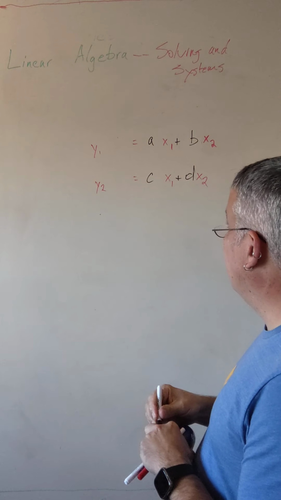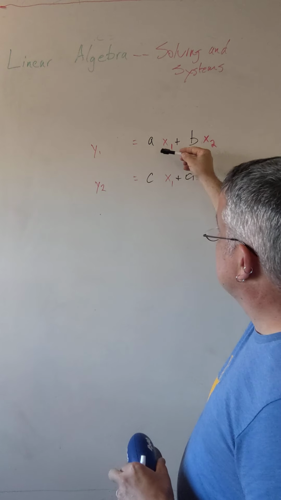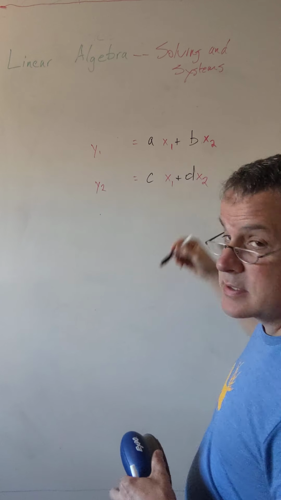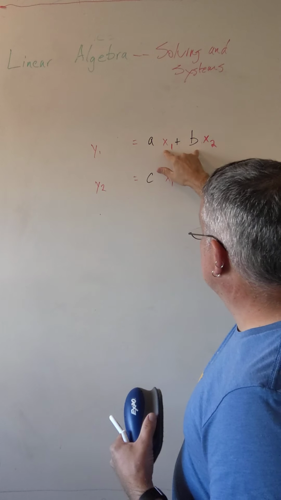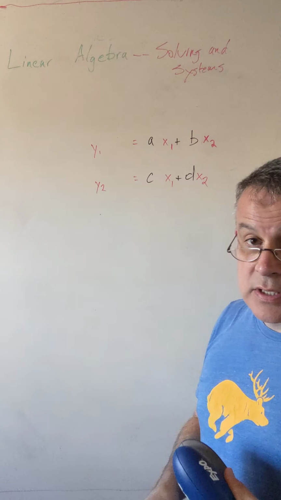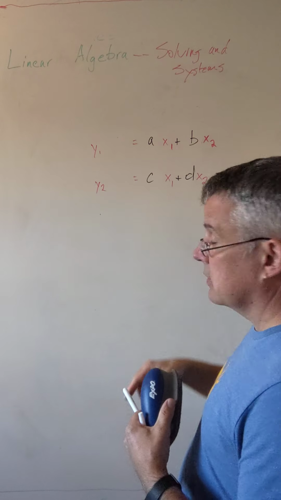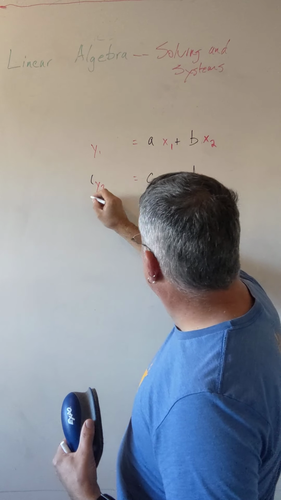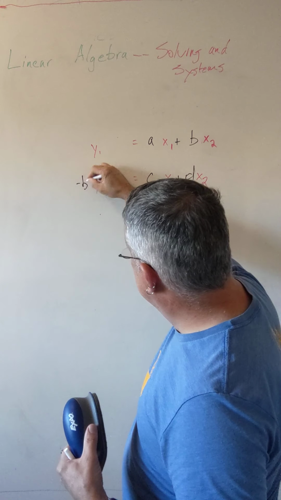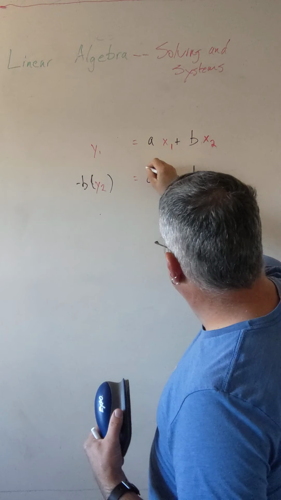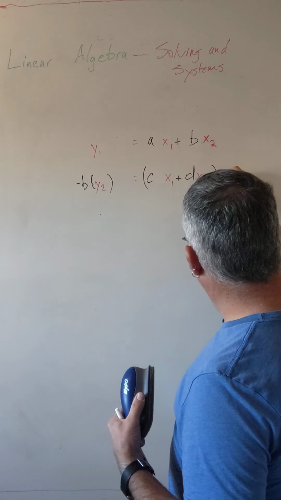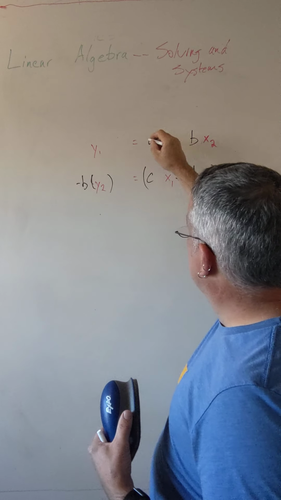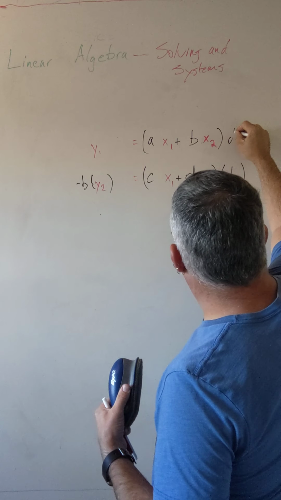Okay, let's suppose we want to cancel out the x2 part the same way that we did before. How can I make this equation and this equation such that I can cancel out this plus this? Well, I can multiply both sides of this equation by minus b, and I can multiply both sides of this equation by d.